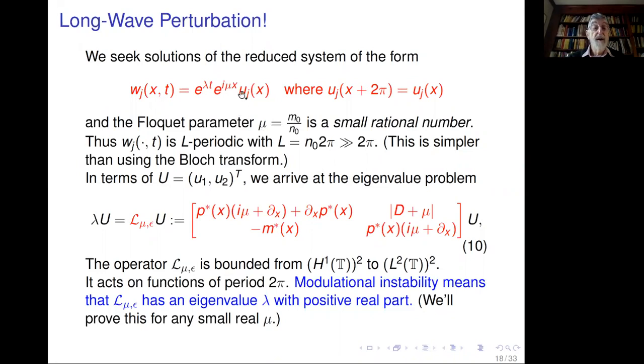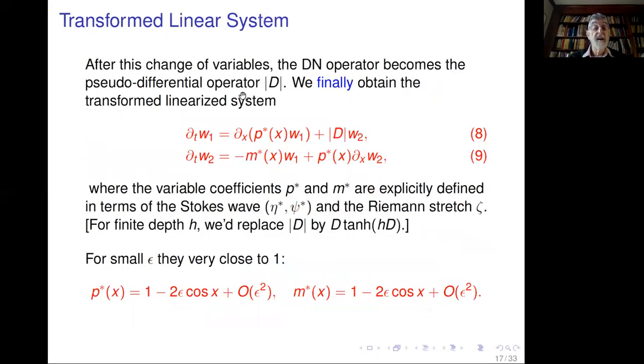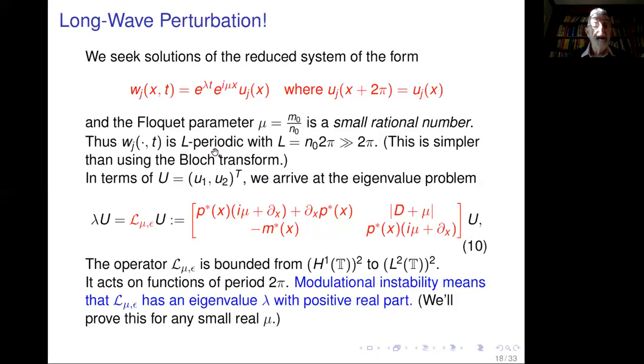So when I make that change of variables, notice in the previous slide, this system is the one I'm really dealing with, but I make the perturbation, and the time dependence disappears because I have e to the lambda t. So there's going to be a term with a lambda in both equations. And here's the lambda.